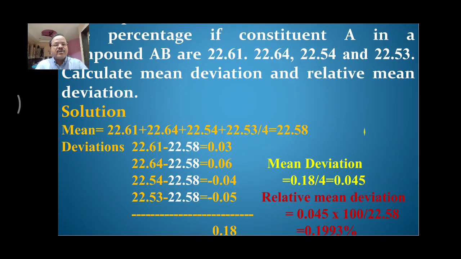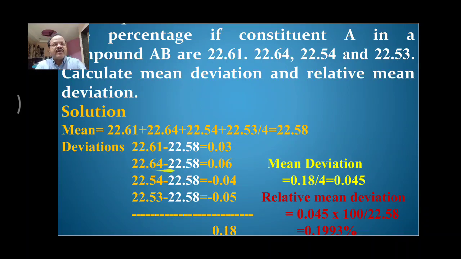Now we have to find out the mean deviation, and for that we have to find out the individual deviations for every reading. The first reading is 22.61. The mean of these sets of readings is 22.58, and the difference comes to be 0.03.